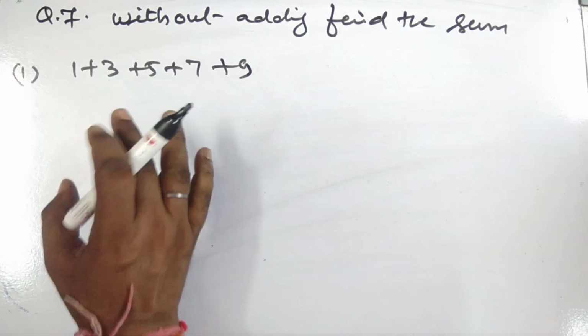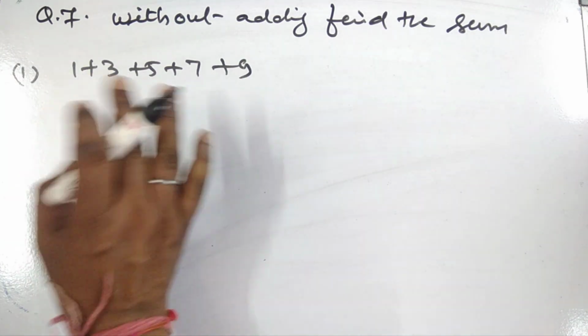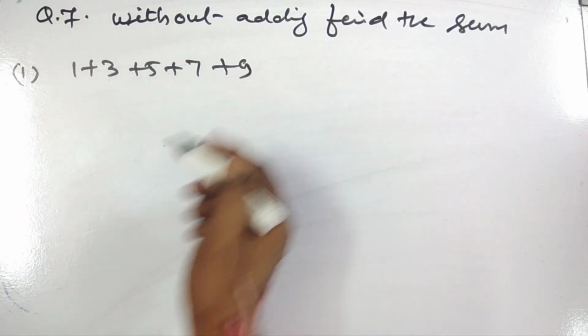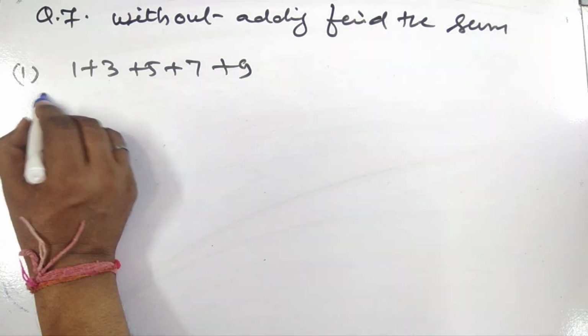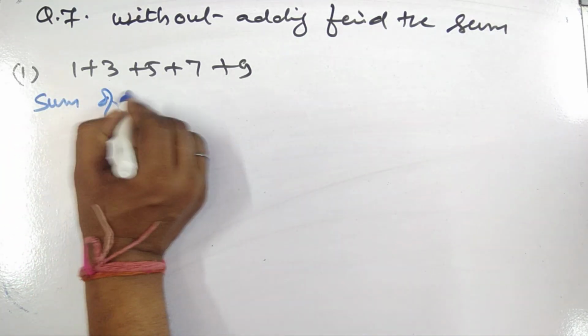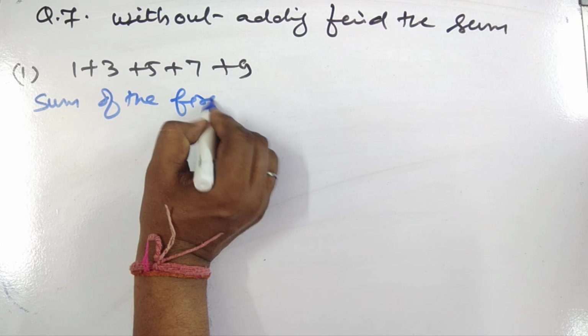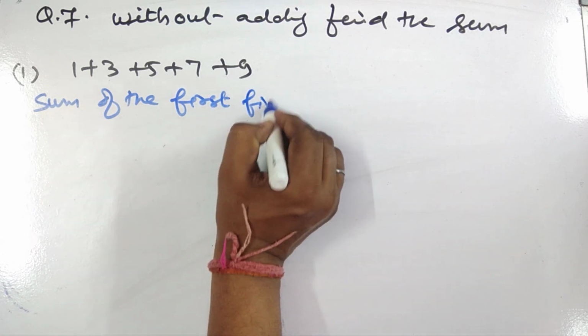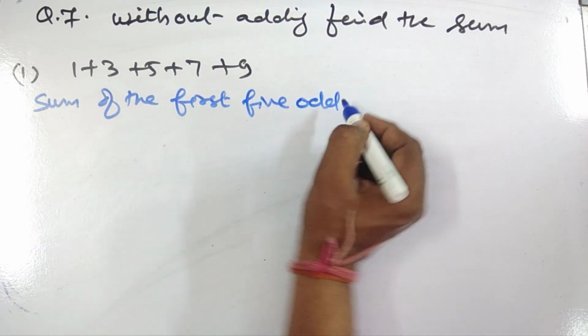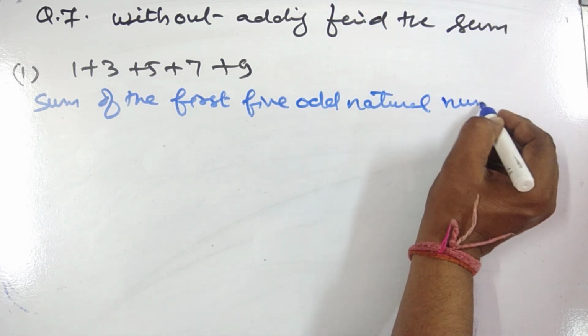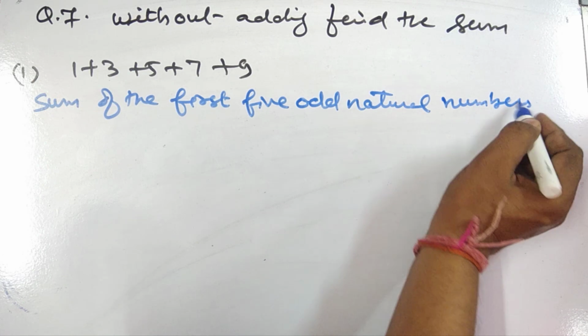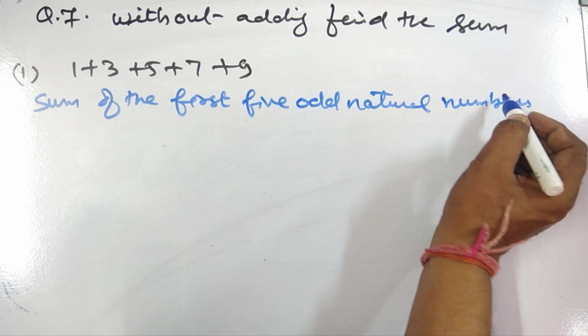So students, observe this. This is the sum of the first 5 odd natural numbers, starting with 1.